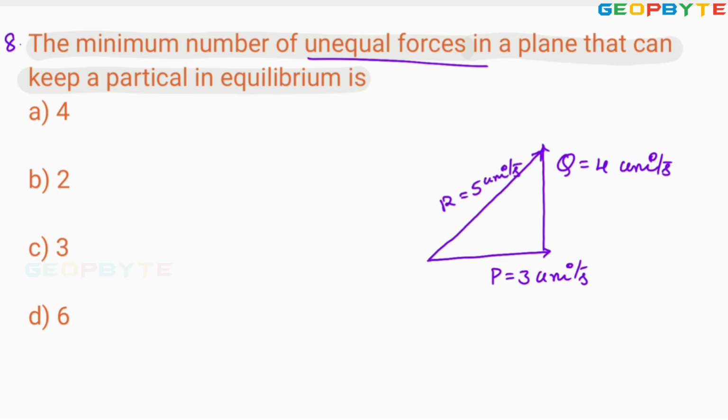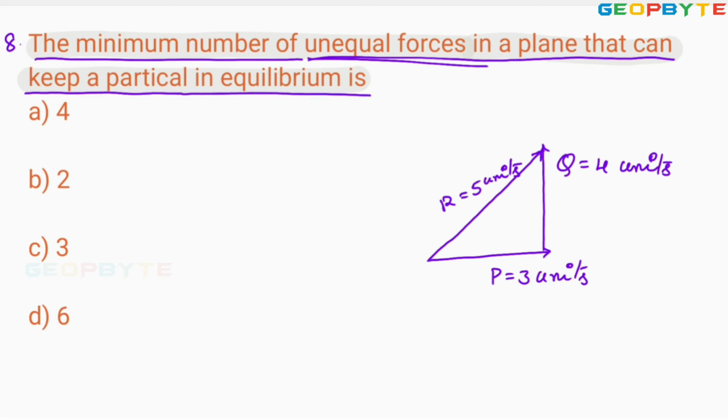Then the system is in equilibrium condition. From this we can conclude how many forces are required to make the particle in equilibrium. It is asking: the minimum number of unequal forces in a plane that can keep a particle in equilibrium.